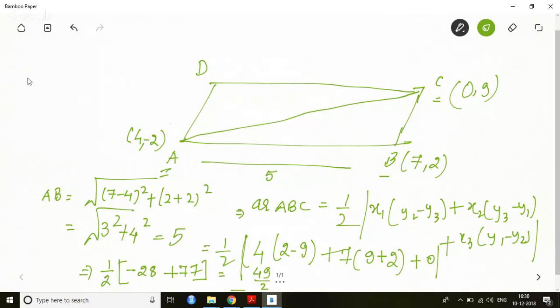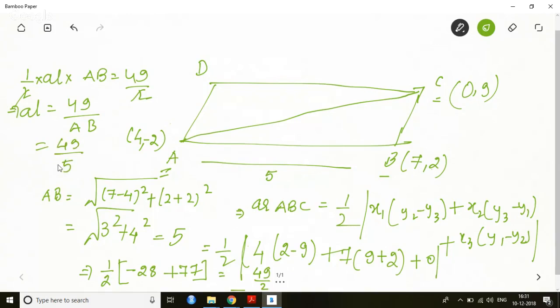So the area of the triangle is 1 by 2 into altitude into AB, which is equal to 49 divided by 2. Now the 2 and 2 cancel, so the altitude would be equal to 49 divided by AB. I have calculated AB as 5. So the altitude will come out to be 9.8. So this is how you have to do it.